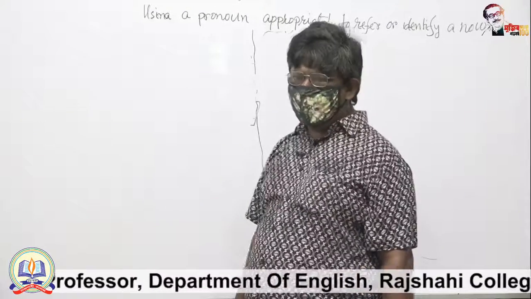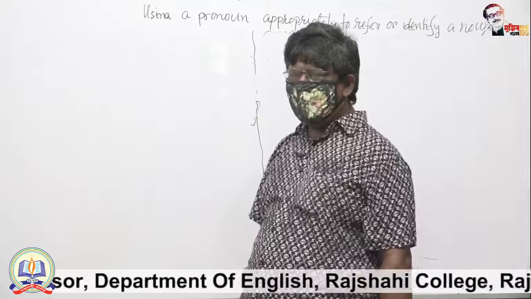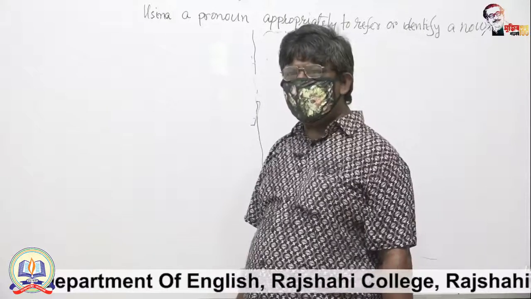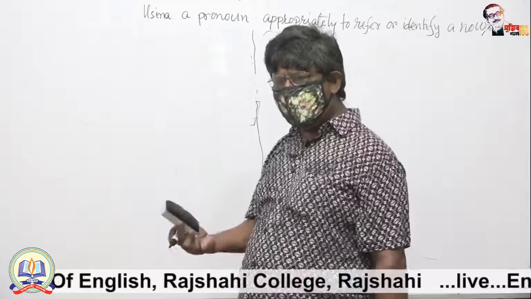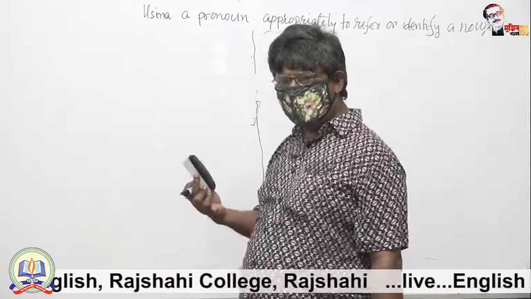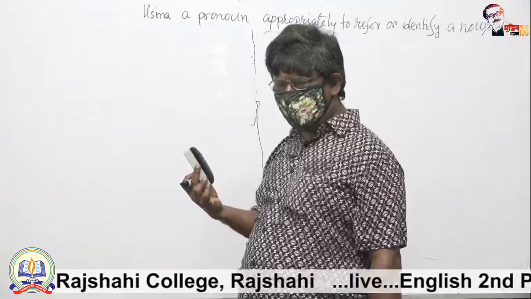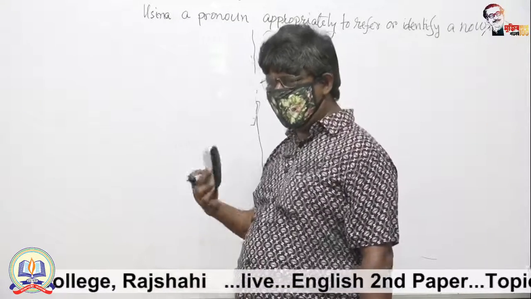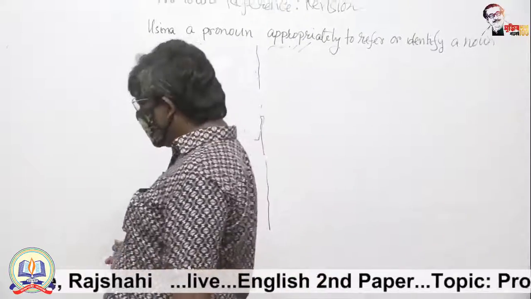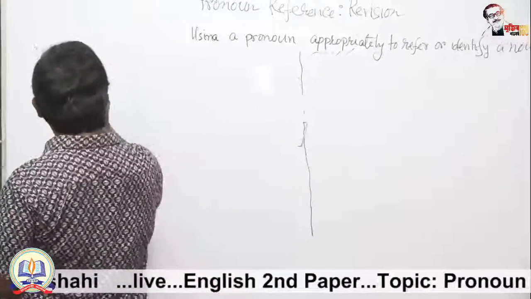You have to make it clear which of the nouns used in the previous sentence is referred to by the pronoun in the next sentence. For example, I am writing another passage on the board.